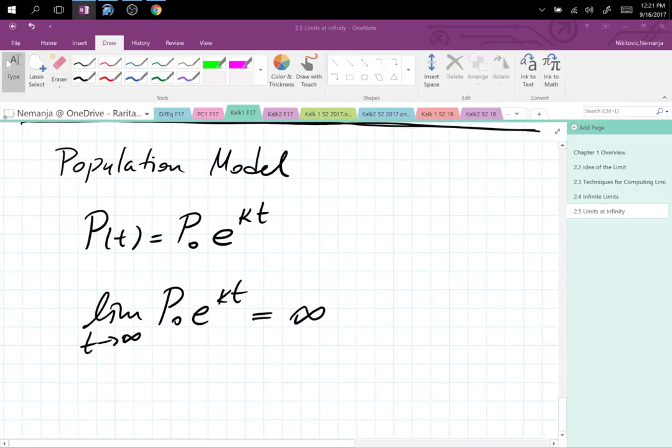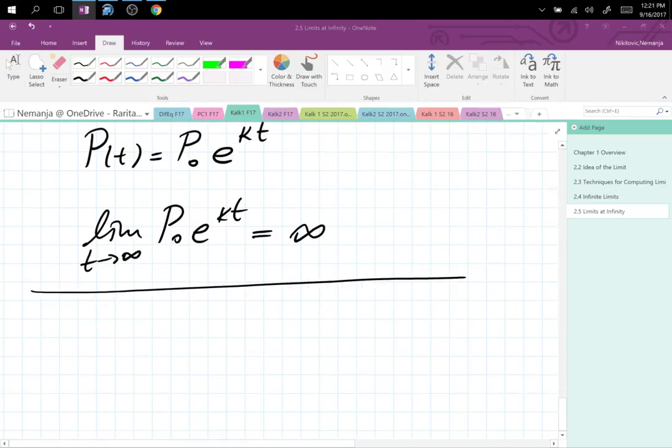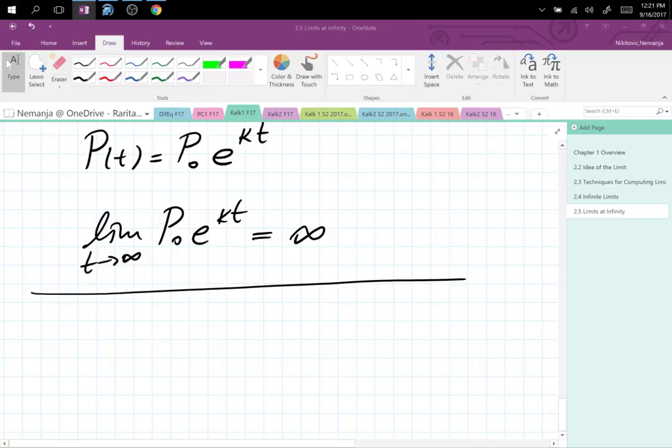So that prompts us to look for a different model that would be a better fit. Again, you look at the limit for that model as you send time to infinity, and say, okay, that one is better. So there's a logistic model which has a mathematical constant called the carrying capacity, which is what our planet has.